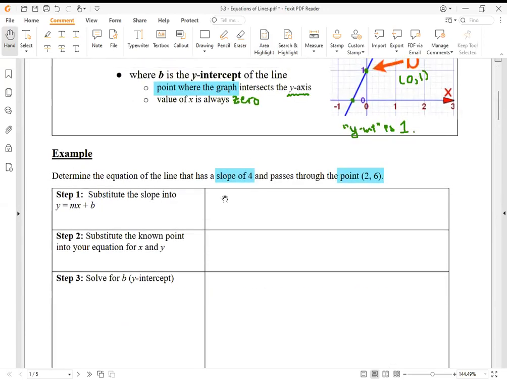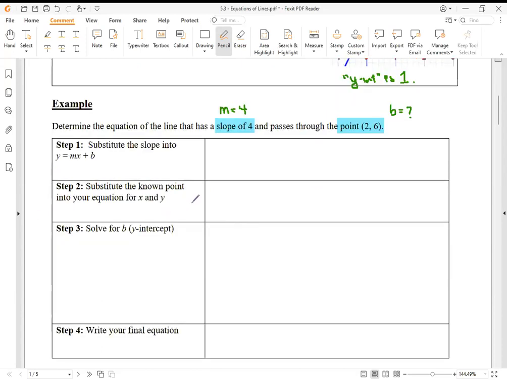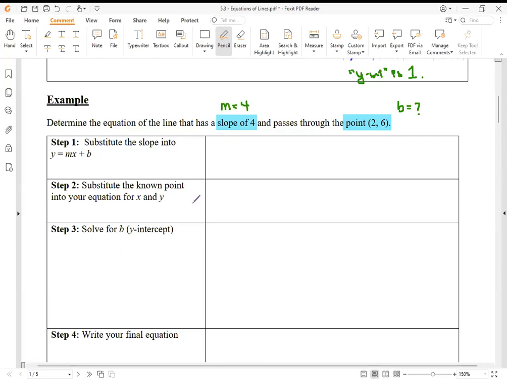So here's the problem. I have M, but I don't have B. That's the issue. You have to find it. Step 1. You might already have an idea because maybe you did this last year. Use your slope to your advantage.